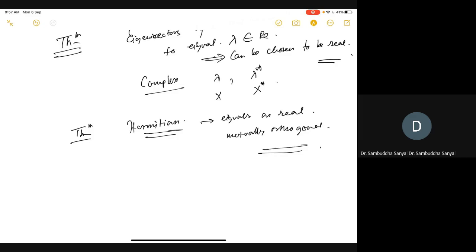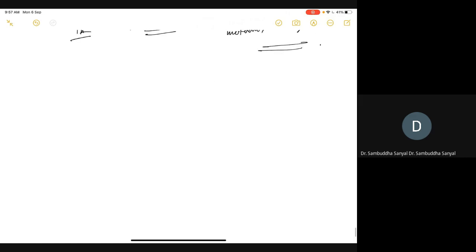Okay, now I will talk a bit about transformation of basis, which is the last topic in this segment. I already talked about similarity transformation, and I'll show you how to construct it.